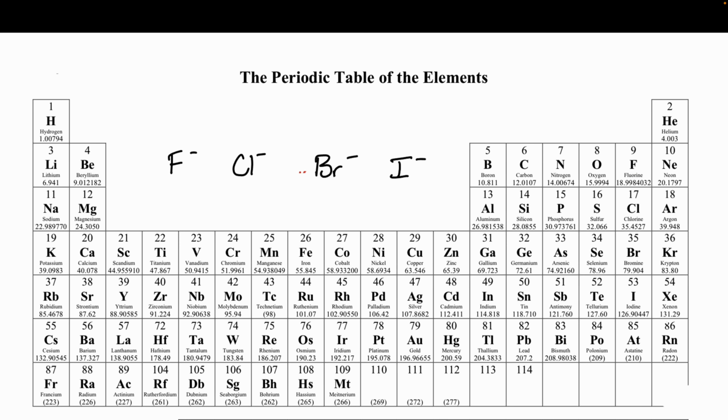So when our sizes here, which one was the stronger acid, hydrofluoric acid or hydroiodic acid? Hydroiodic acid with that large, very stable anion here, which means that if that's the strongest acid, this is the weakest base. Fluoride is the strongest base.